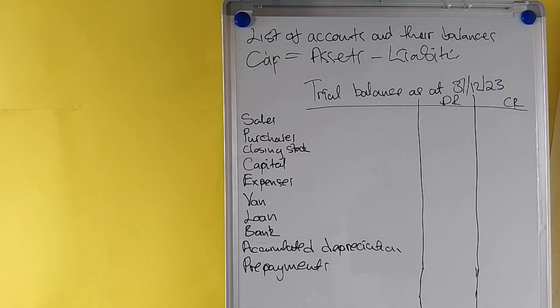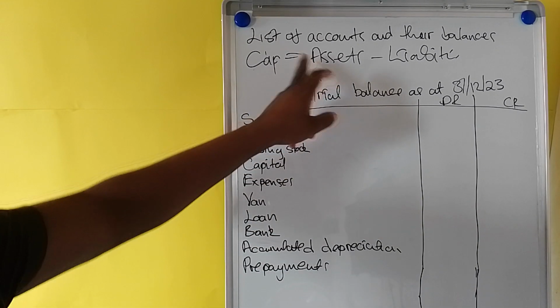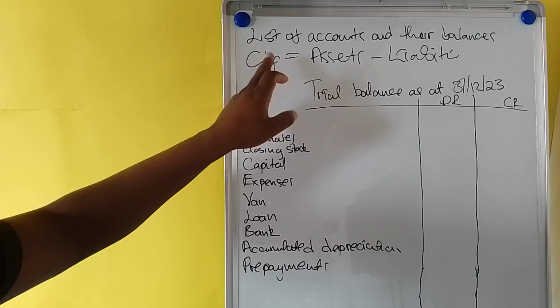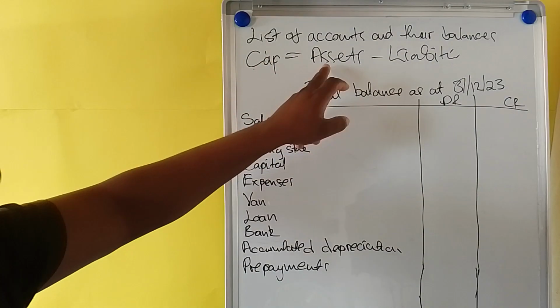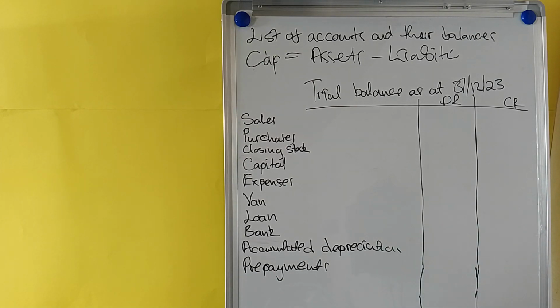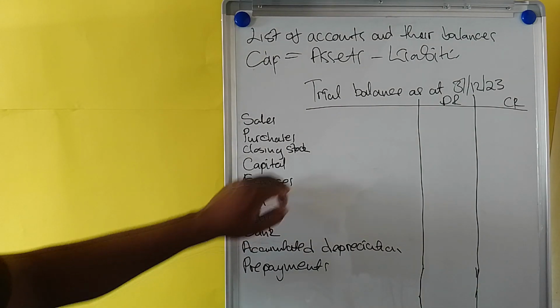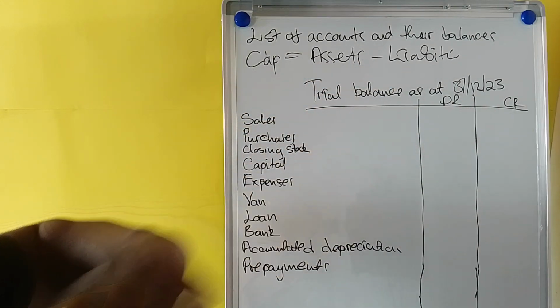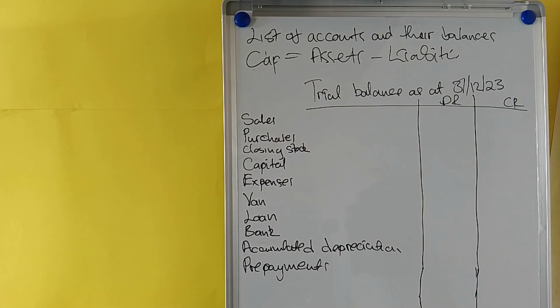All the items which fall under expenses in the trial balance will be treated as assets. Expenses have a debit balance, so we'll treat them as assets. Like we said in the accounting equation, capital is equal to assets minus liabilities. So all the items that fall under expenses will have the same balance as assets.